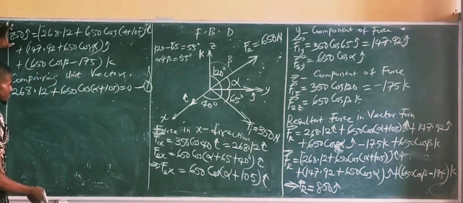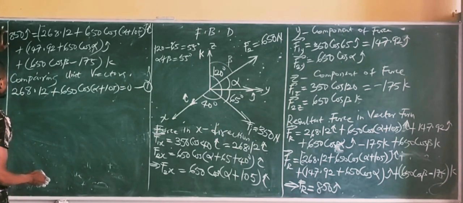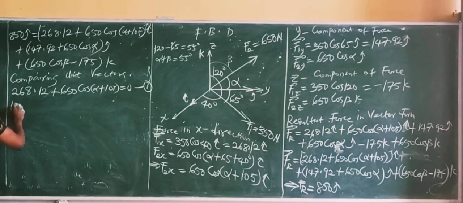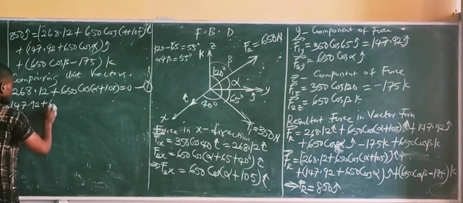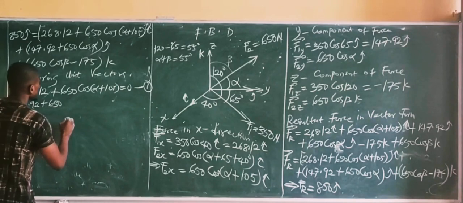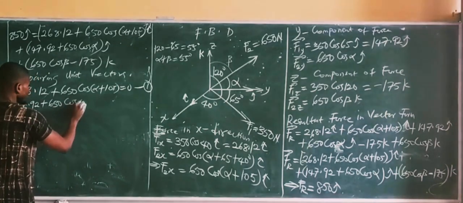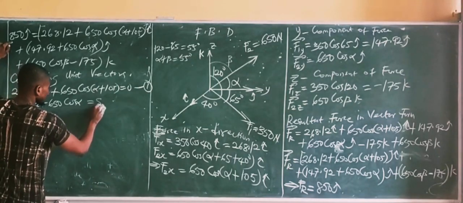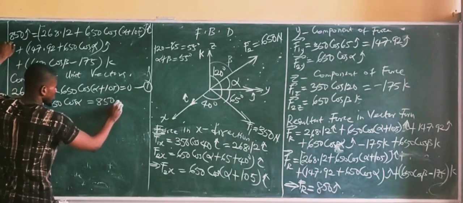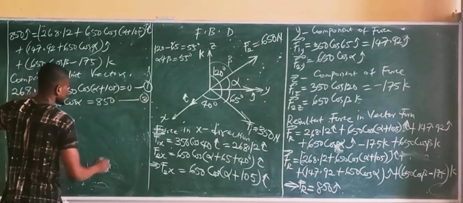Also, comparing the j direction, on the left hand side of the equation we have 850 in the j direction. So we have 147.92 plus 650 cos alpha, and that's equal to 850. We call this equation 2.